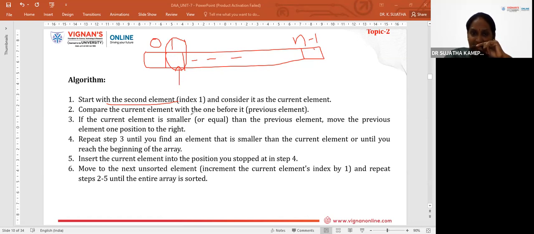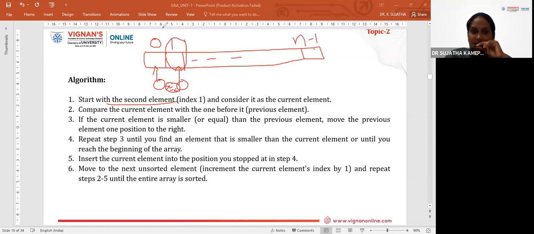Compare the current element with the one before it. Here we are going to compare the elements present at these two indices, whether they are equal, greater or less. If the current element is smaller than or equal to the previous element, then move the previous element one position to the right.